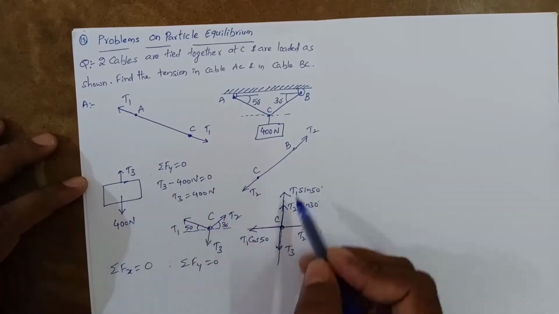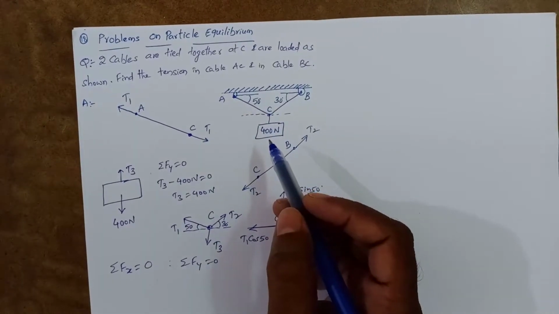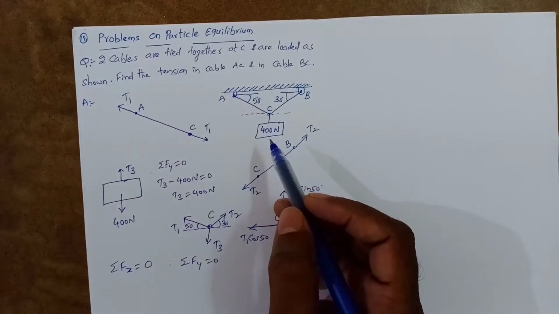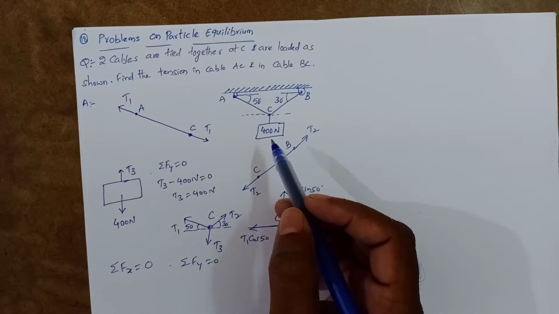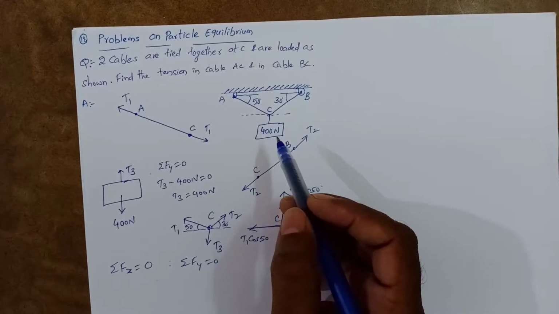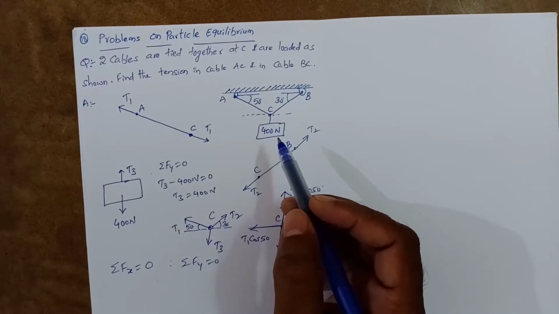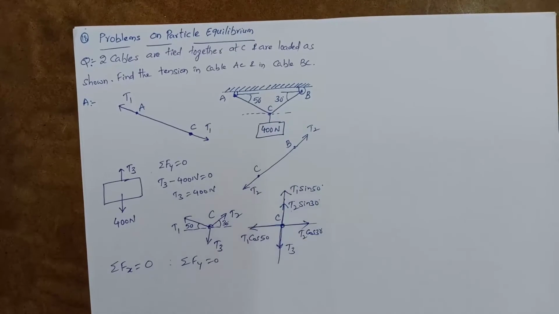So these are the free body diagrams. Free body diagram means it's a diagram showing the body with all the forces acting on it. That is, the body is in contact with some other body, so replace those other bodies with those forces, and if we show the full body with the forces, then that diagram is called the free body diagram.